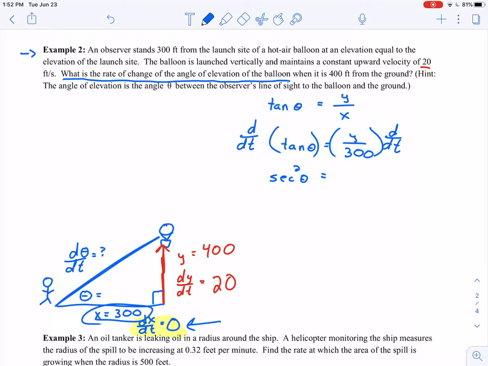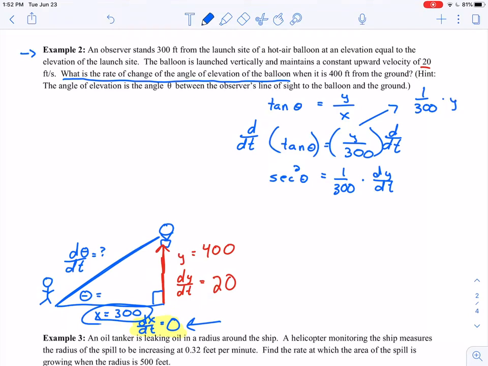Remember that y over 300 says the same thing as 1 over 300 times y. So that 1 over 300 is really just a constant multiple. You can leave it as 1 over 300 times dy over dt. So okay, this is very cool.